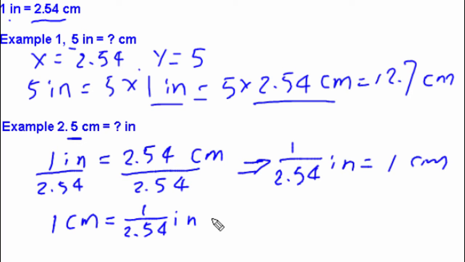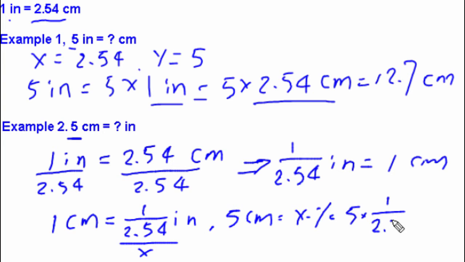Again, that's going to be our x in the formula that we talked about in the very beginning. So to do the unit conversion, 5 centimeters is equal to x times y. It's going to be 5 times 1 divided by 2.54, and that's going to give us 1.97 inches.